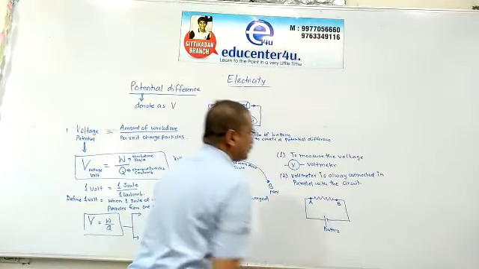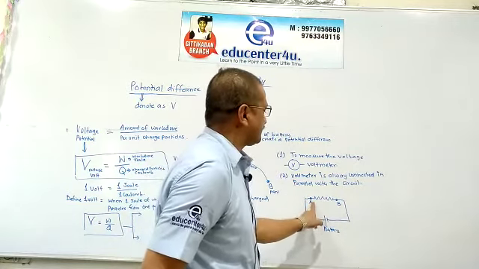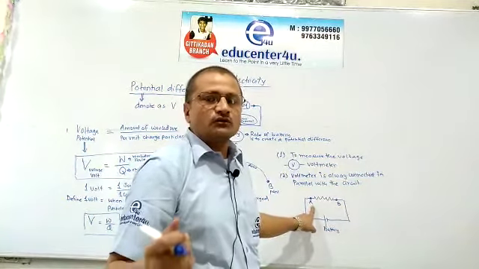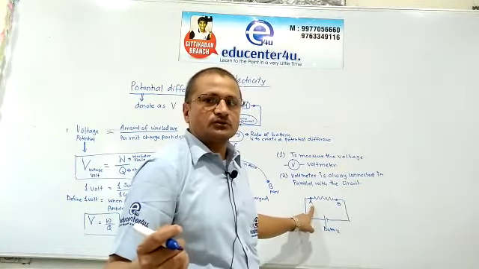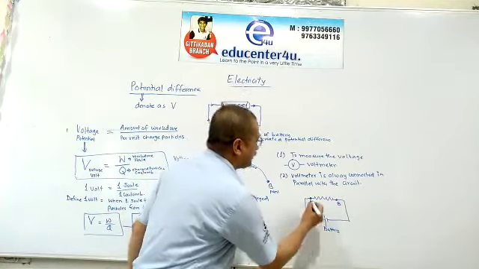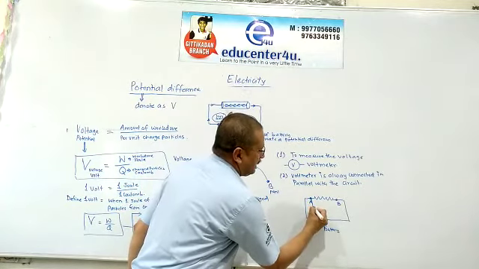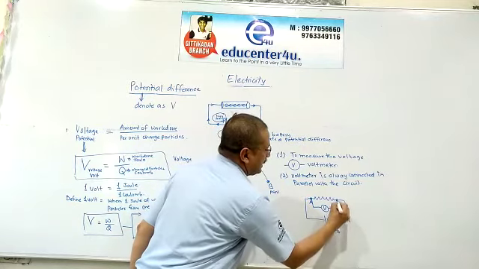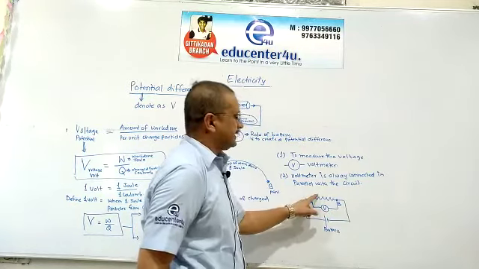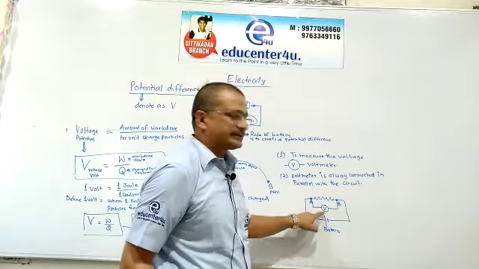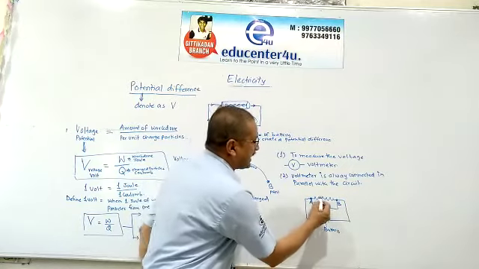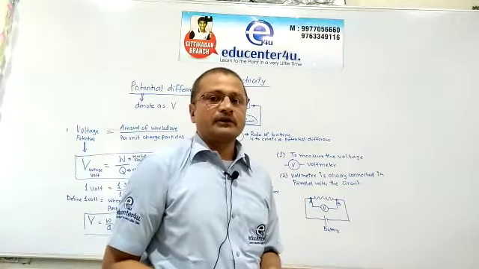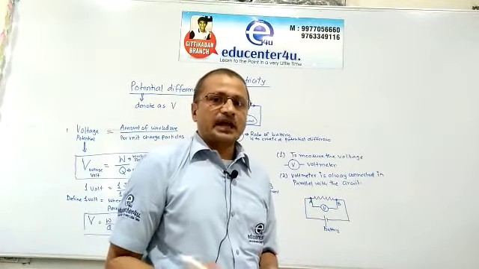You want to know the potential difference between these 2 points A and B. So what will the electrician do? They connect the instrument voltmeter in parallel. This is a conductor and this is the voltage. You can see that these are in parallel. In detail I will tell you in my next chapter.